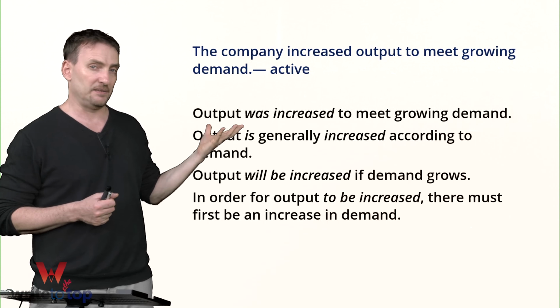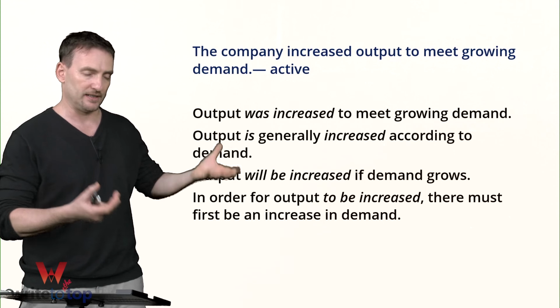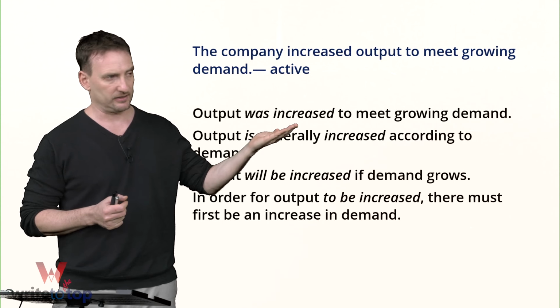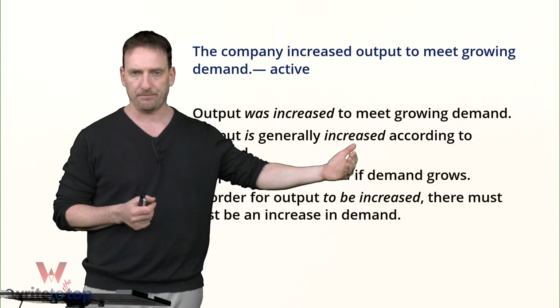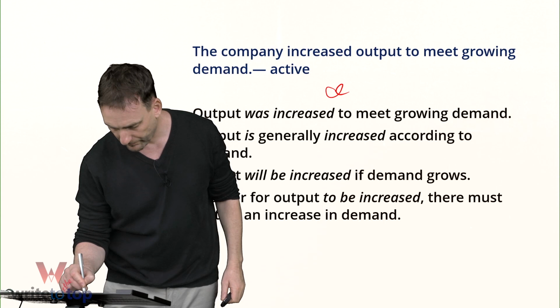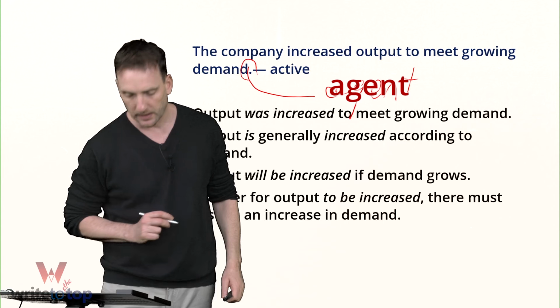In the passive sentence, the object is now the subject. It is going to receive the action. So output was increased. Now, I don't need to mention by the company. I don't need to mention an agent. Okay?